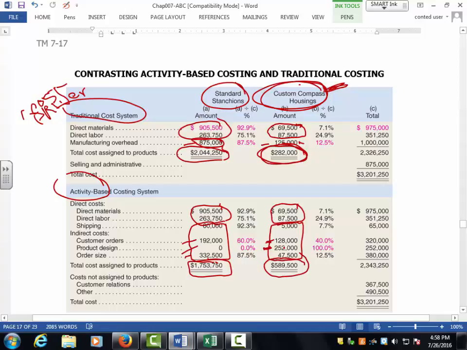So if you believe in the traditional system and say that's good, you're going to notice that the standard product has to absorb quite a bit of cost. Whereas if we do activity-based costing, the standard is not paying for anything that it did not incur, which means that the custom products now are much more expensive.